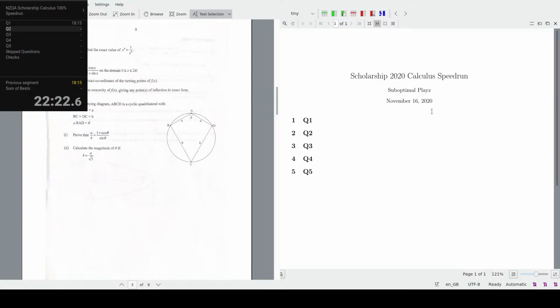Wait, actually, if you graph it, it looks about right. The turning points sort of align with when sine x is equal to negative a half.